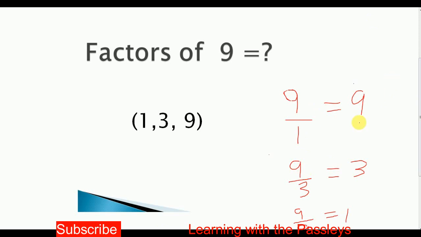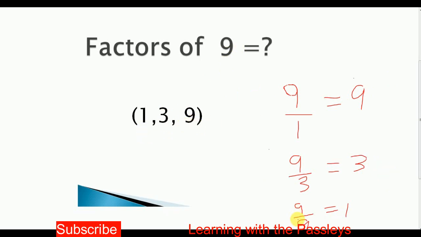You see that? 3 into 9 goes 3 times and no remainder is left. 9 into 9 goes 1 time and no remainder is left. Therefore, 1, 3 and 9 are factors of 9.